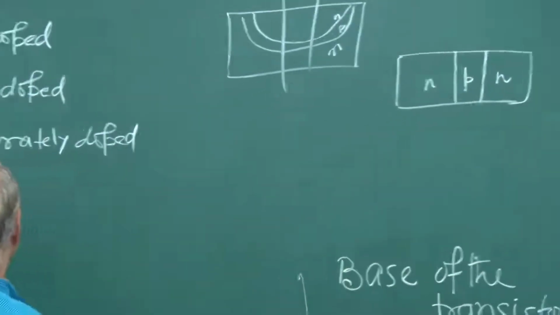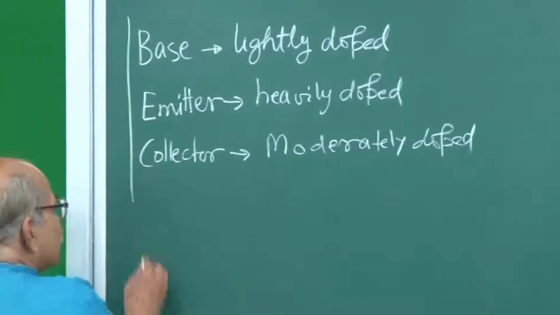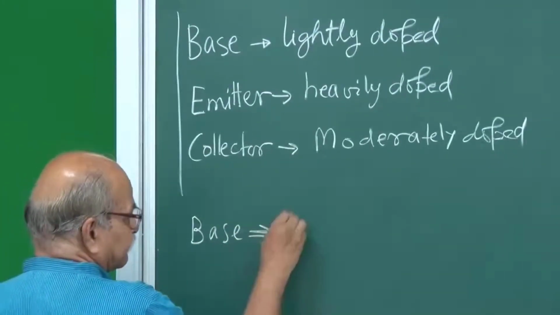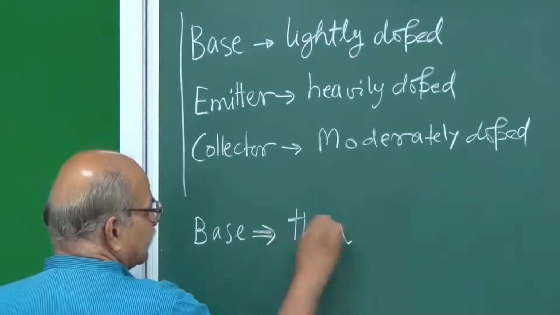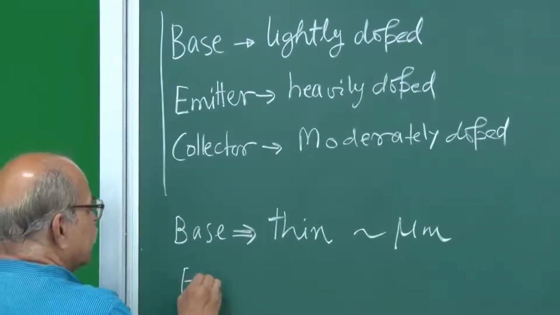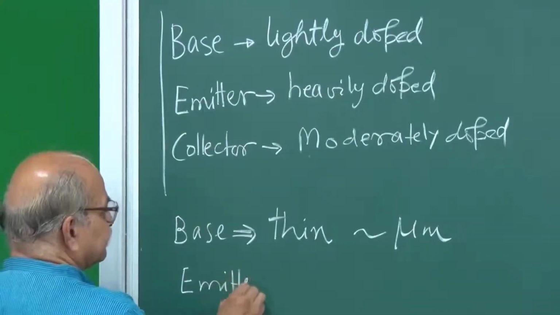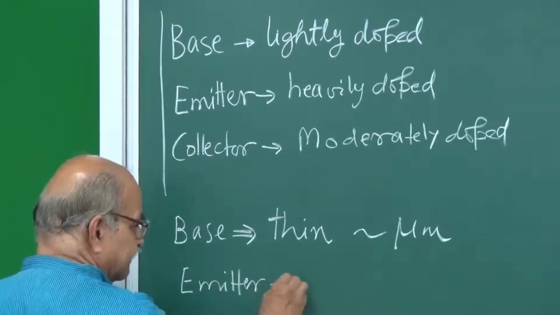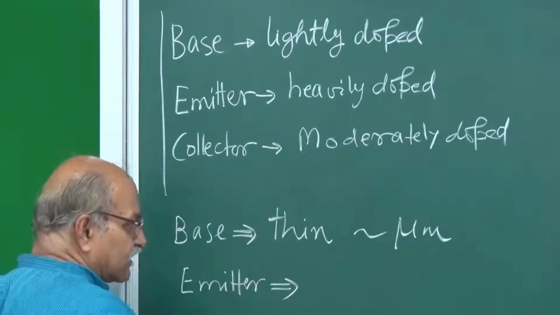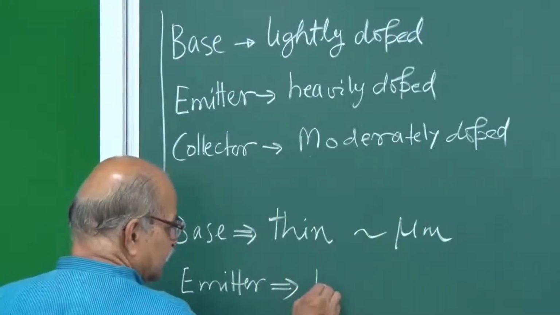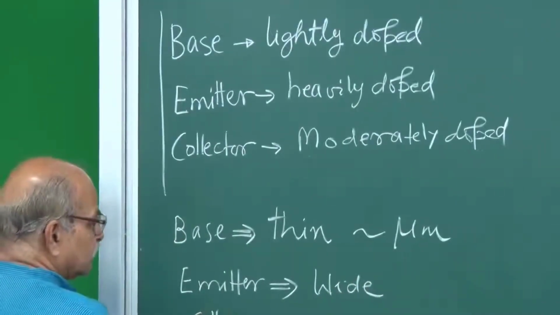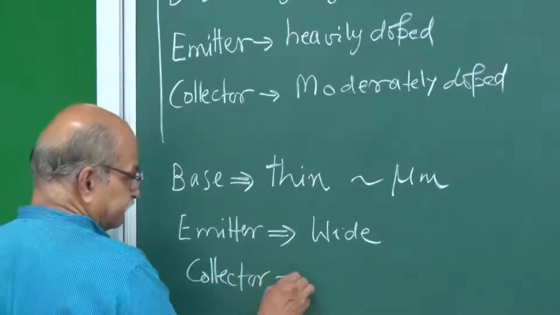The second is the geometrical parameters, the thickness. The base is very thin, of the order of a micrometer, whereas the emitter and collector are relatively much larger, maybe 100, 200 or 500 times. And the collector is somewhat wider than the emitter.